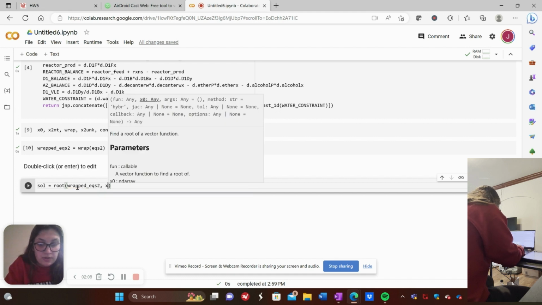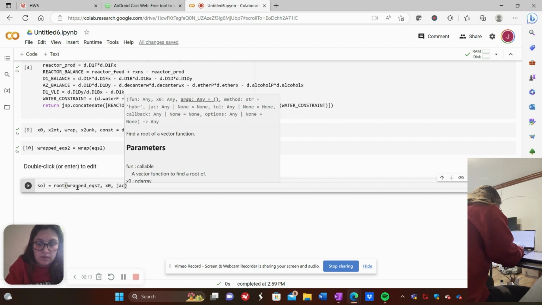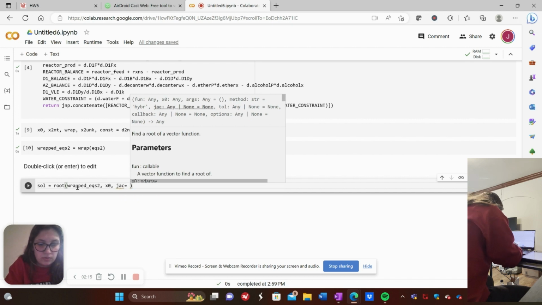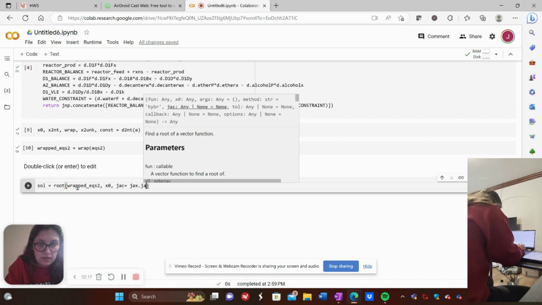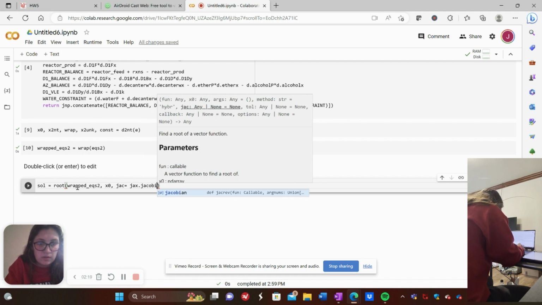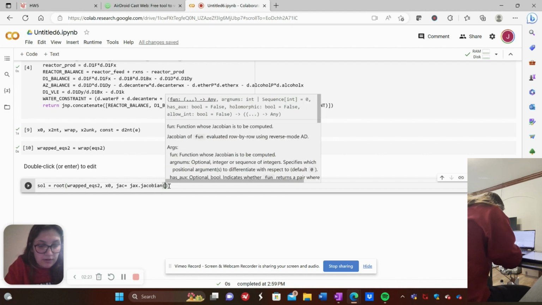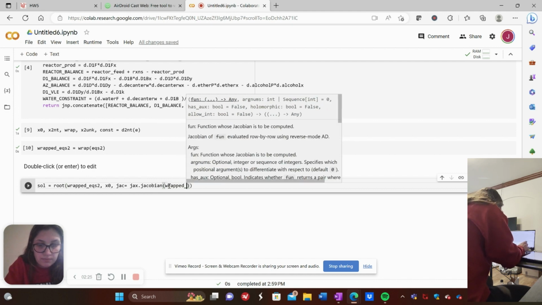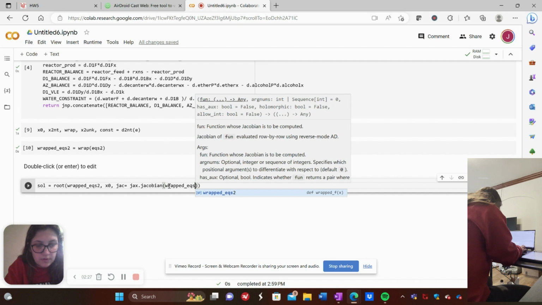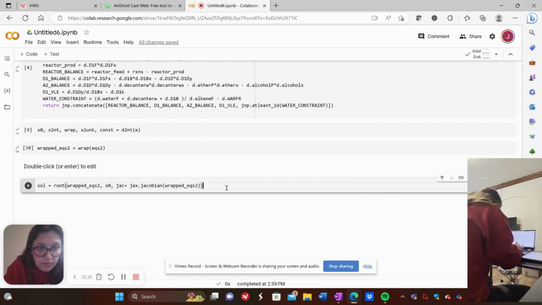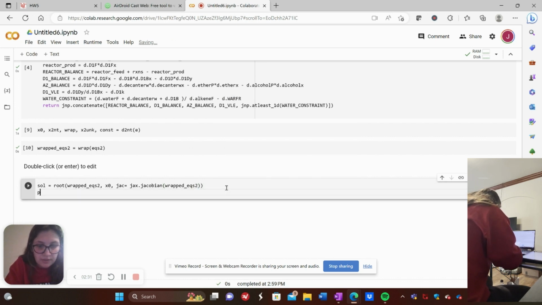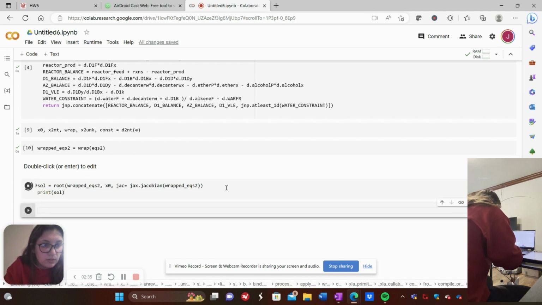And we have our initial guess, which is x naught, and then we want to do Jack is equal to Jacobian, and then we just put our function in here, equations 2, and then we can print this just to make sure that it's working.